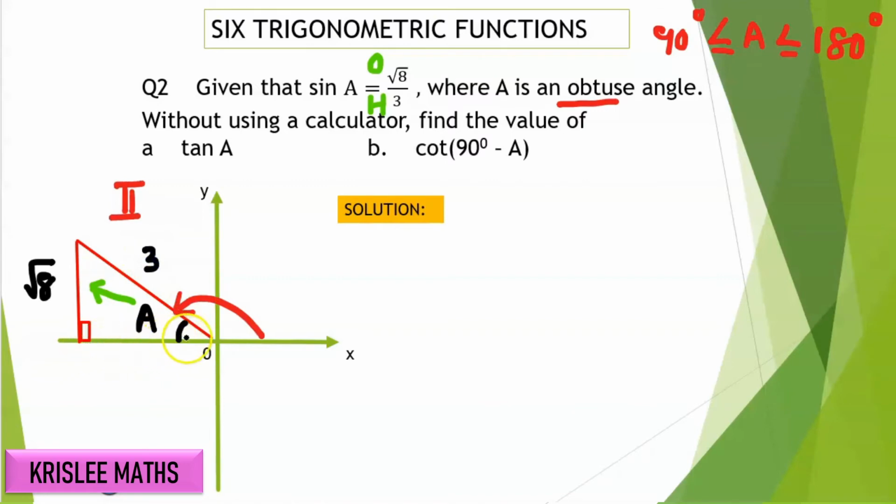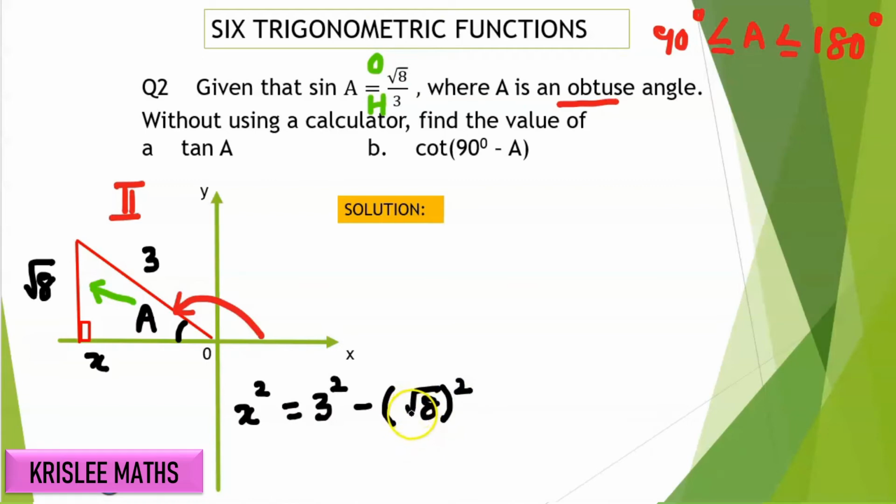Now you have to complete the triangle by finding the third side. In order to find the third side, use Pythagoras theorem. Let's say the third side is x. So x square equals 3 square minus square root of 8, the whole thing squared.